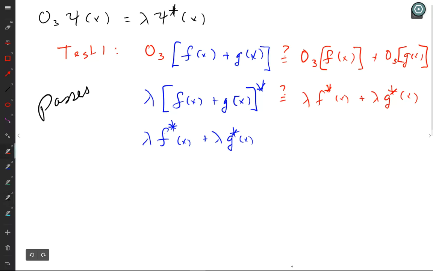Now, I don't remember what you said about test 1 versus test 2, but let's just do test 2 as well. Okay, good, because I can't stop halfway. So we have O3 acting on A f of x equals question mark A times O3 acting on f of x.